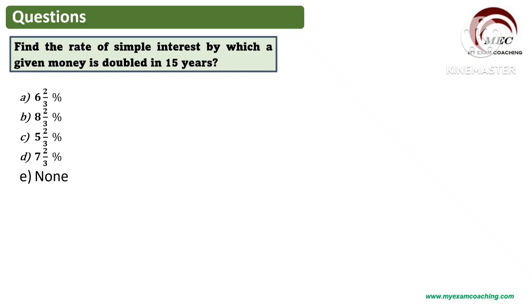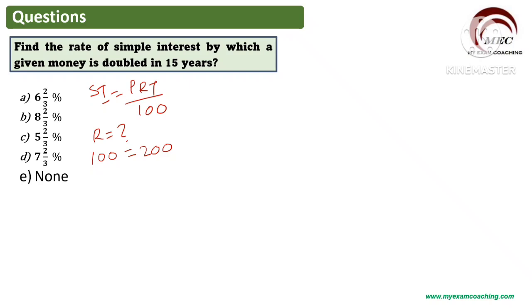So we have the simple interest formula: simple interest is equal to PRT by 100. Now what is given? The rate of simple interest is what we need to find out, by which a given money is doubled in 15 years. So if you are investing 100 rupees, this will become 200 rupees.